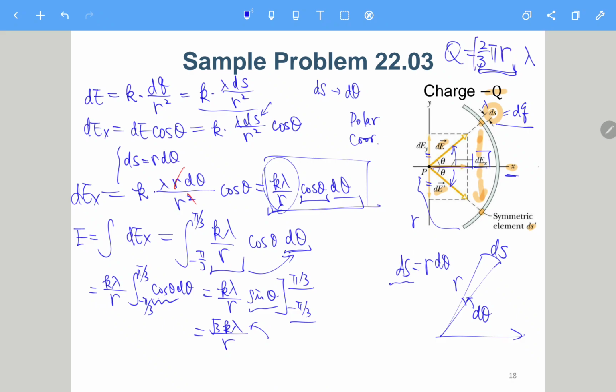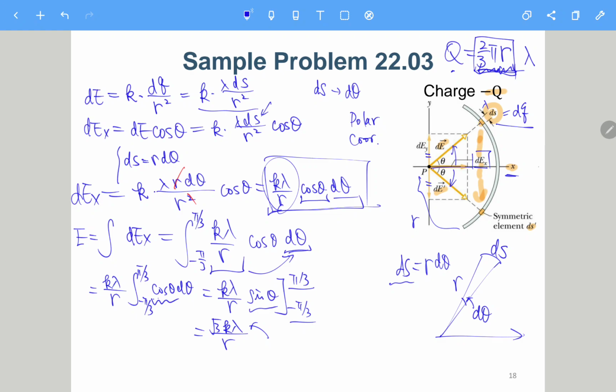So this is the arc length of the whole rod. This is the radian times the radius, and it will be the length of the arc. So we have this expression, capital Q to be 2/3 pi r times lambda.